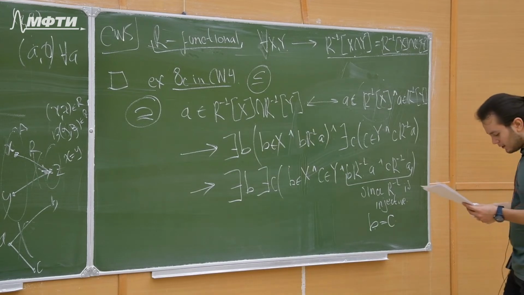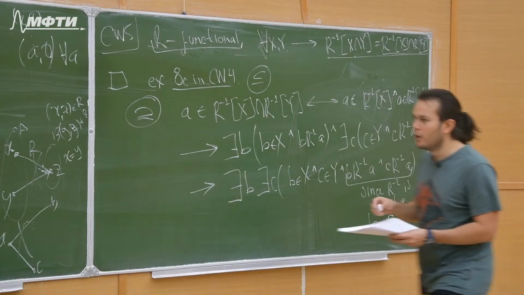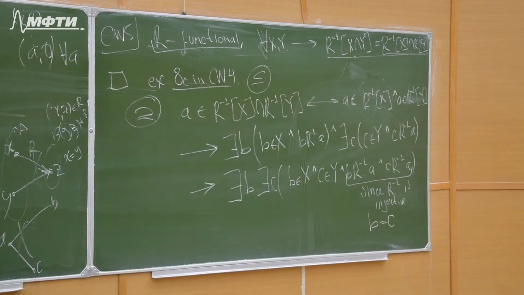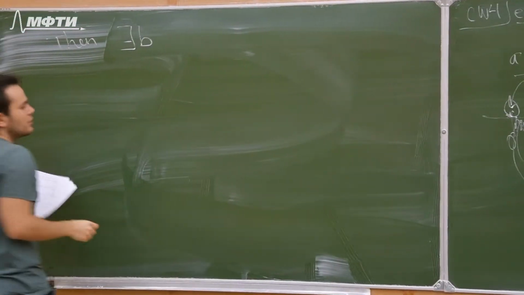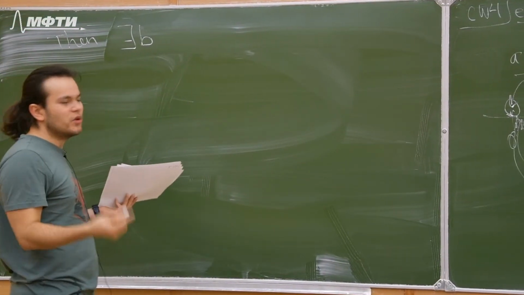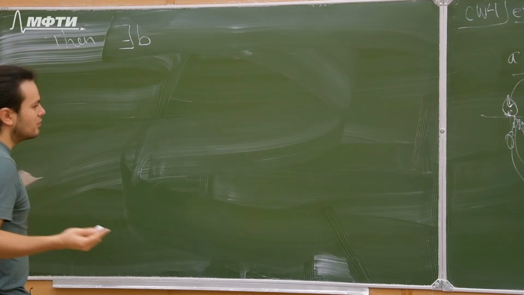So then we obtain that there exists some B, right? We have that B is equal to C, so we can take just B or C, it doesn't matter.